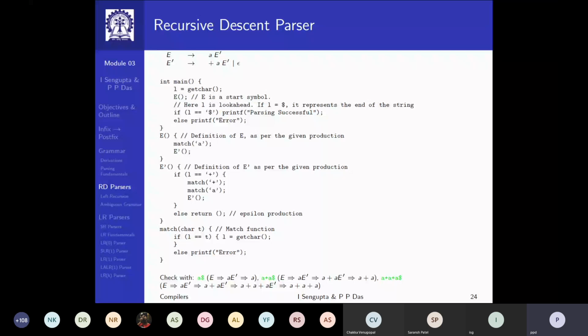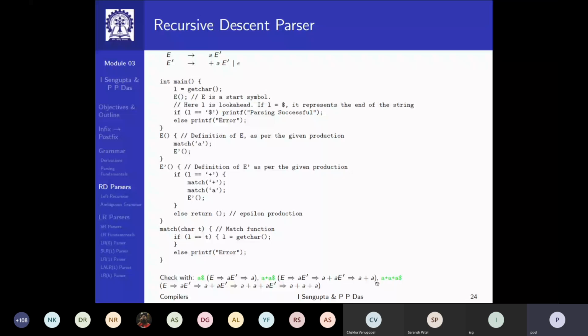So if we do the next step, look at the second example. E produces A E primed. Then E primed uses the first production here, so it produces plus A E primed. So E primed is replaced by plus A E primed here. And then you use the second production of E prime to remove the E primed and have epsilon. You have A plus A.